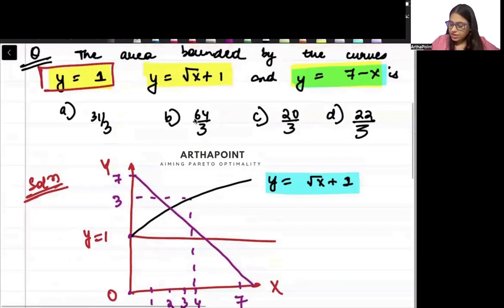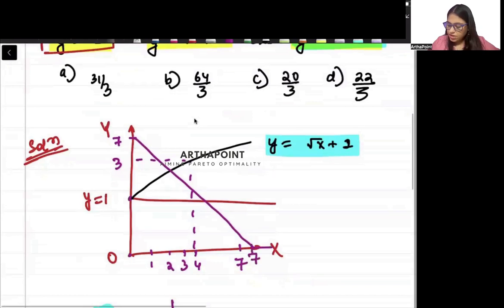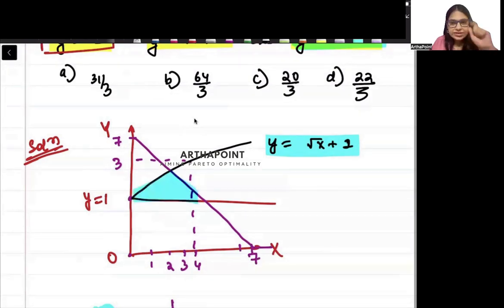So you need to find the area. This is 7. You need to find the area bounded by these three curves. It means you need to find this thing. To find this area, just look very carefully. This is a curve. Yes, a curve. This is not a triangle. Don't try to form a triangle here.